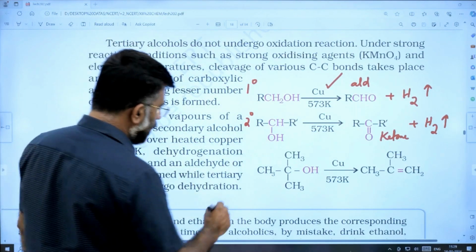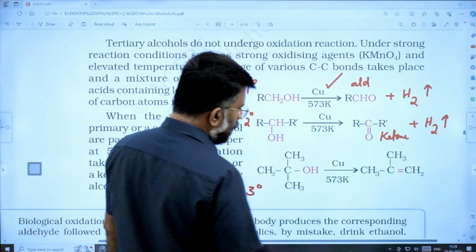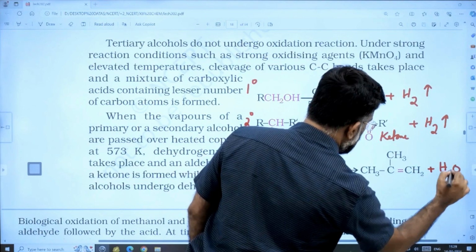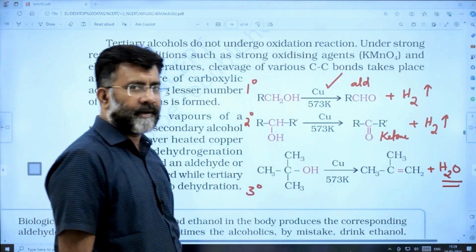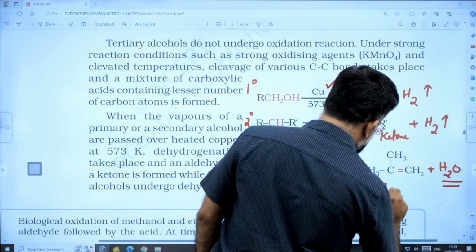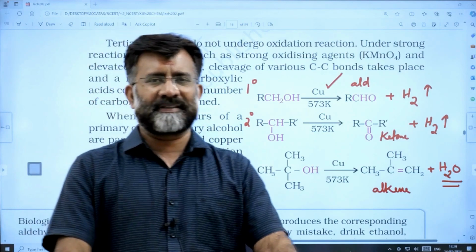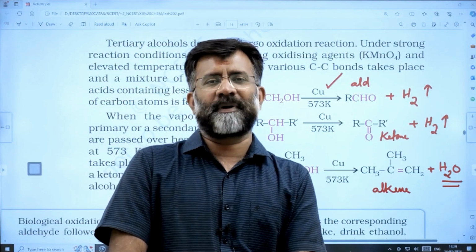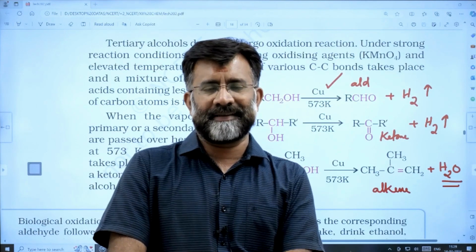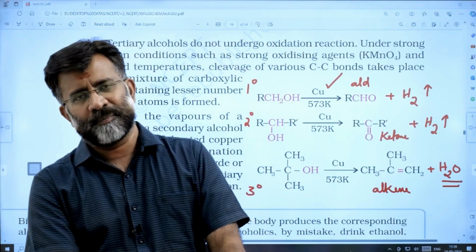A tertiary alcohol, upon heating with copper or silver, does not undergo dehydrogenation; there is dehydration giving alkene. Is that perfect? So the reaction with heated copper catalyst is another important reaction. It is dehydrogenation, and a tertiary alcohol gives a dehydration process.